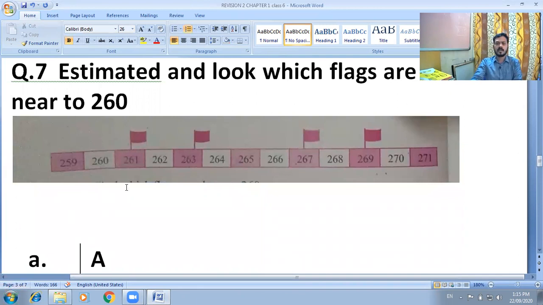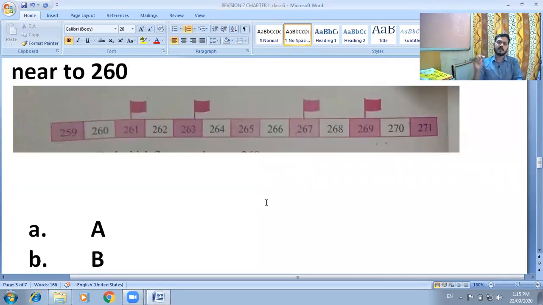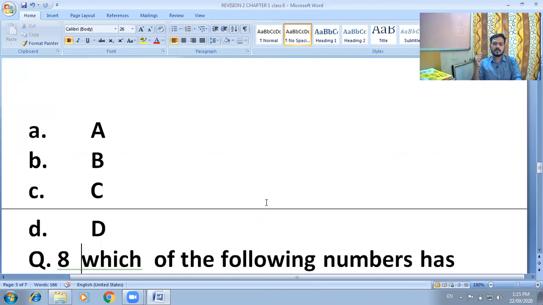There are 4 flags, so the first one is flag A, this is flag B, flag C, and the last one is flag D. After estimating, you can give your responses A, B, C, or D. You know what is A, B, C, and D.